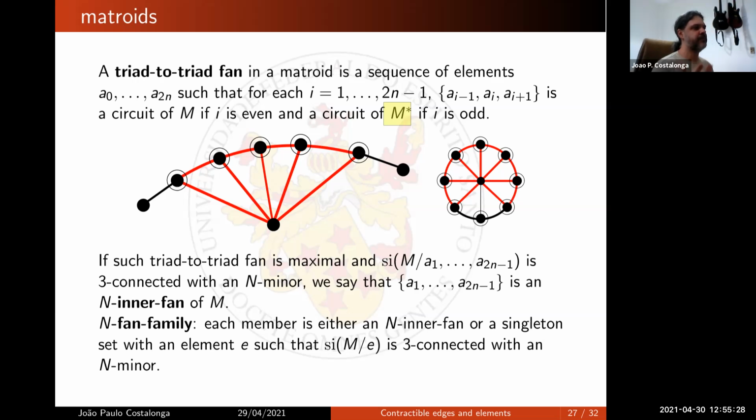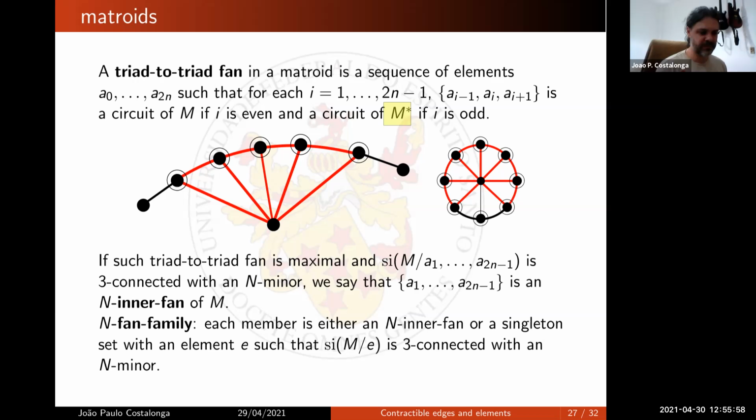And an N-fan family is a family in which members are either N inner fans or singleton sets with elements whose contraction results in a tree-connected matroid with an N minor. We call them vertically N-contractible elements. It's "vertically" because the notions of connectivity for graphs and matroids are slightly different.